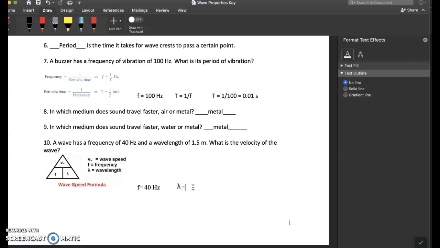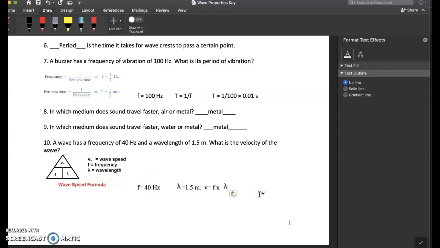So the wavelength is 1.5 meters. And then if I want wave speed, I covered up. It's frequency times wavelength. So my equation ends up being velocity, or wave speed, is equal to F times our wavelength.